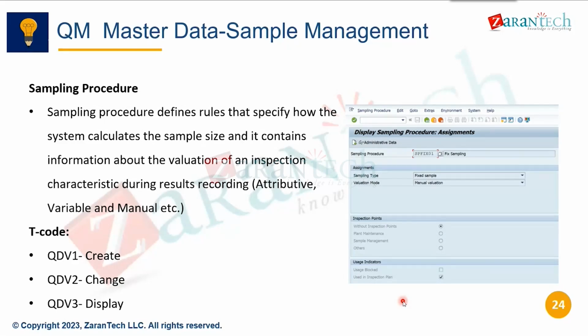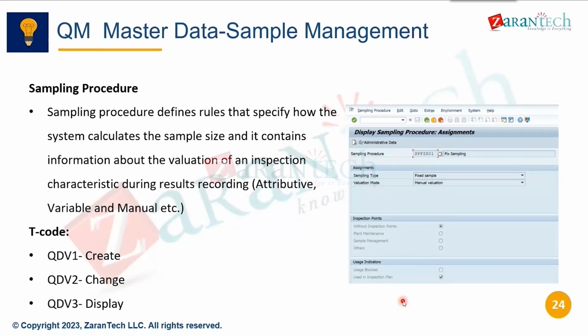If it is for inspecting equipment in plant maintenance, you need a different sampling procedure, because for equipment and products the same sampling procedure will not be used. If you are using a sample drawing procedure, then always go with sample management. So this is important.